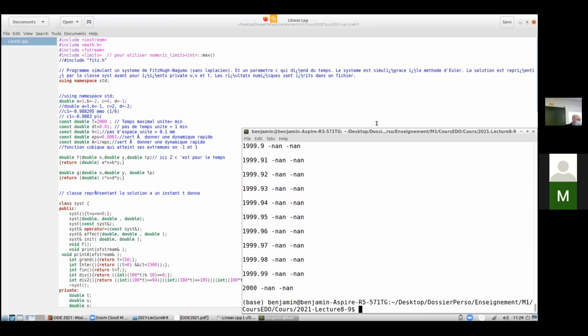All right, as you can see, we have not a number. This indicates that actually the numbers are very large, which is not so surprising because we have an exponential growth.